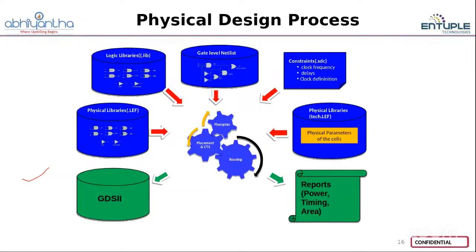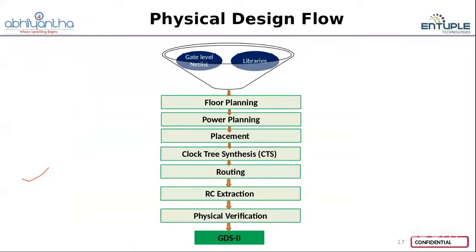All these min, max, typical files need to be added. Finally you will get the optimized netlist, and along with the optimized netlist, you will get the efficient PPA reports, that is your power, performance and area reports.